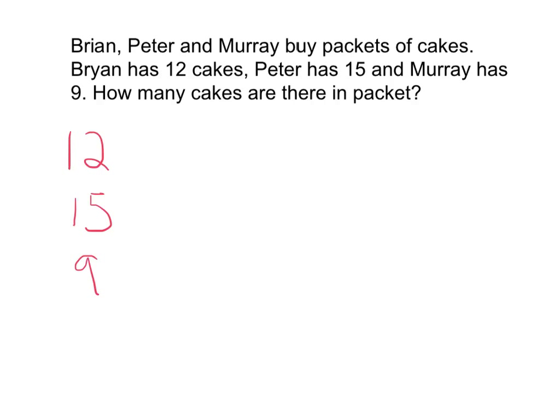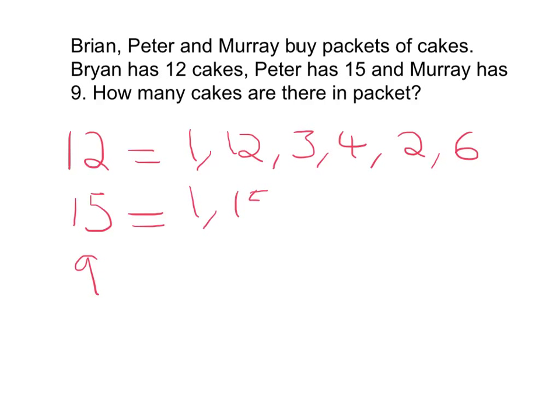So if we take those three numbers, 12, 15, and 9, let's look at what their common factors are. The factors for 12 are 1 and 12, 3 and 4, 2 and 6. For 15, it's 1 and 15, because 15 times 1 is 15, and 3 and 5.